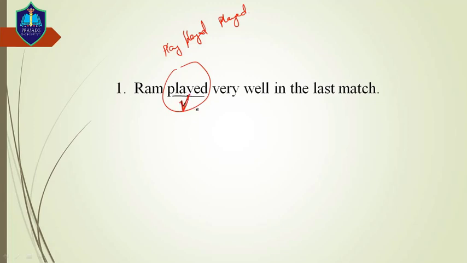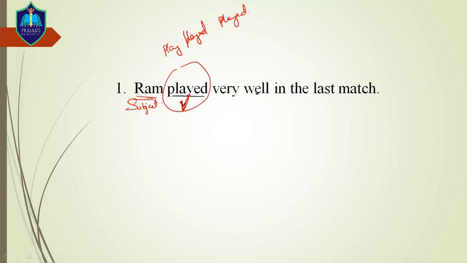And the next thing is it's not in the passive voice because we don't have B plus V3. It is in active. So if it is in active, doer will be a subject. So Ram is the doer here. What is he doing? He is playing, right? So doer is the subject and Ram is the subject over here. So very is there. Very well.